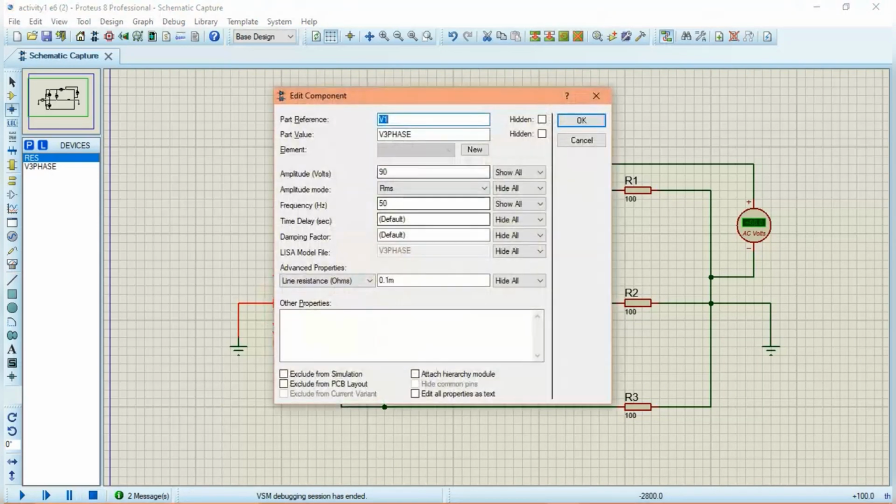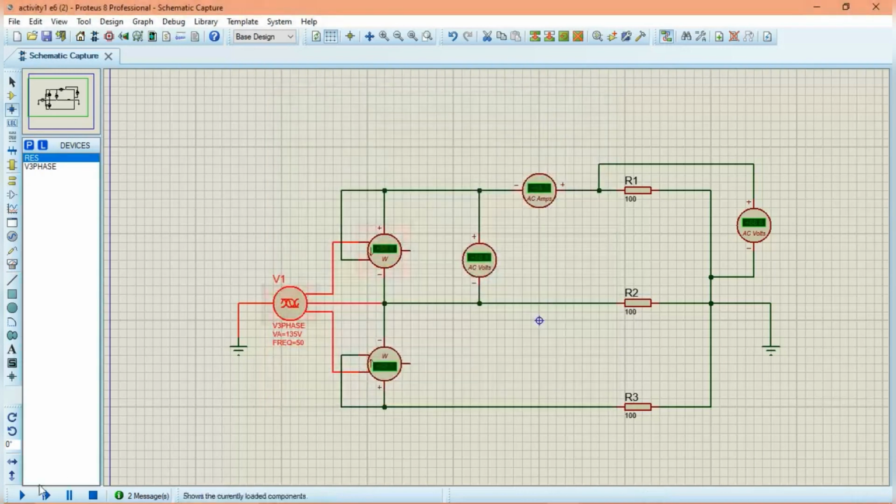Next, when the voltage equals 135 volt, we run.